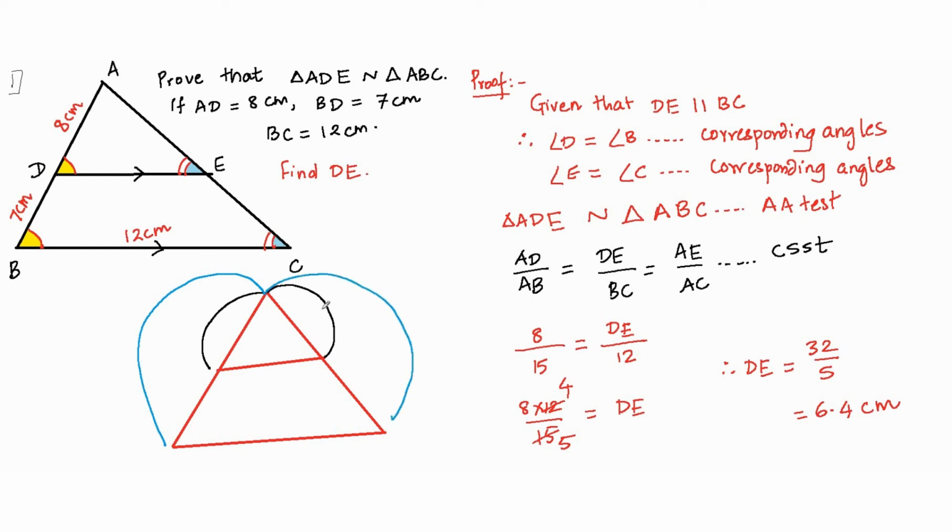And that is equal to DE, that is this length, divided by the third side of the bigger triangle, which is BC, right? So this is how the ratios of the triangles are built, and here the AA test definitely helps you. So let me pause for a minute and then I will go to the next question.